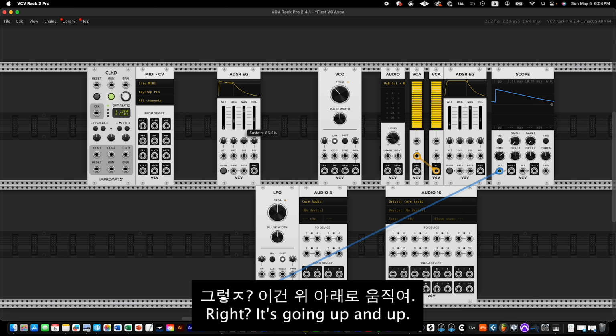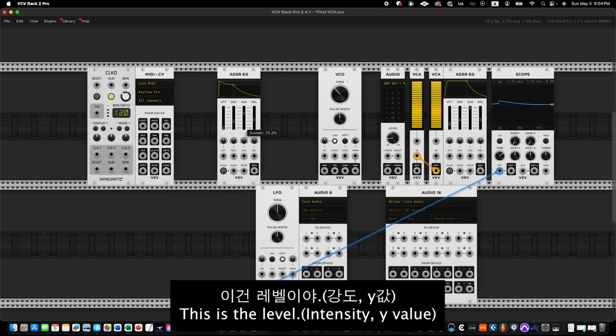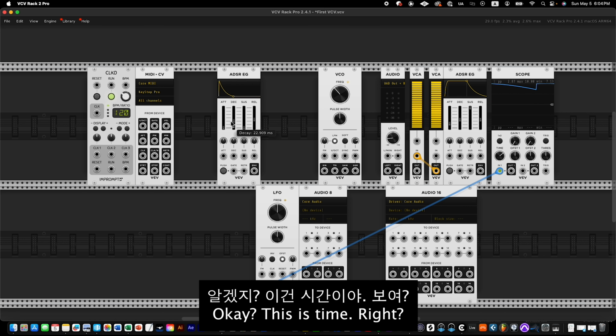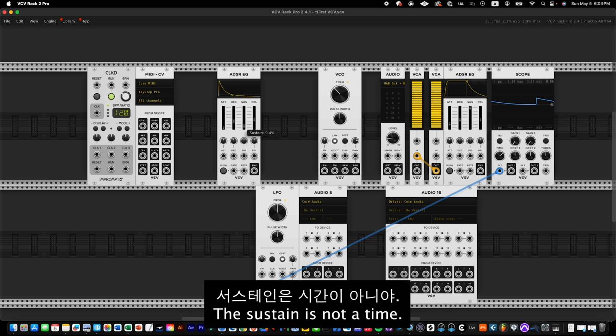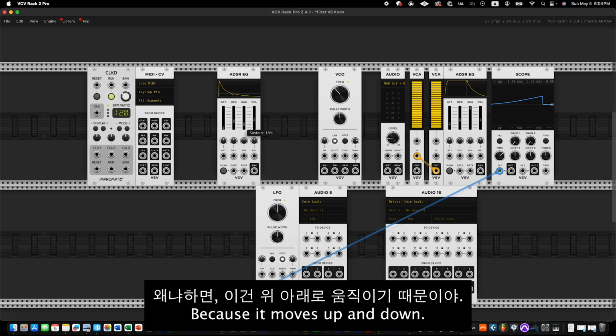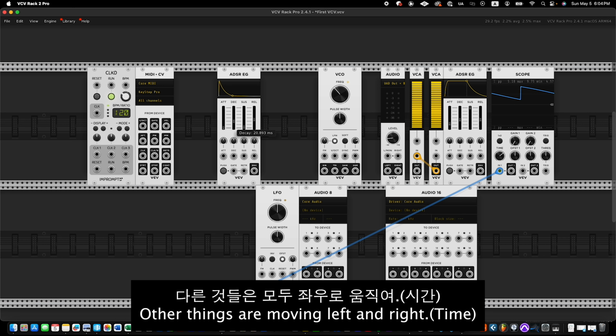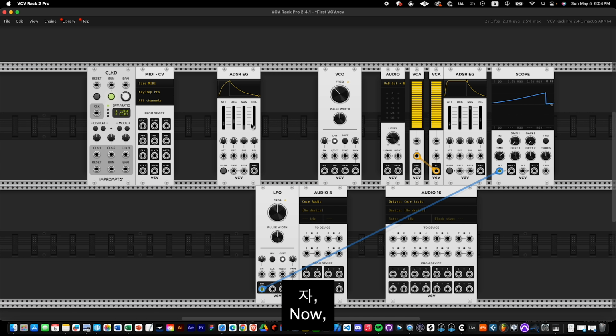This is a level. Decay is time, attack is time, but sustain is not a time, because it moves up and down, while the other things are moving left and right. Release is also time.